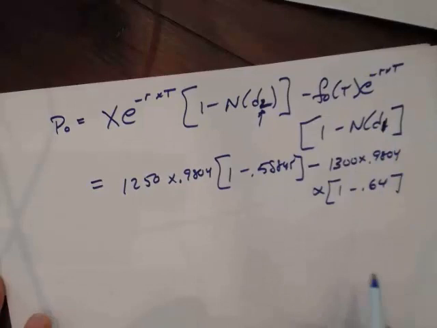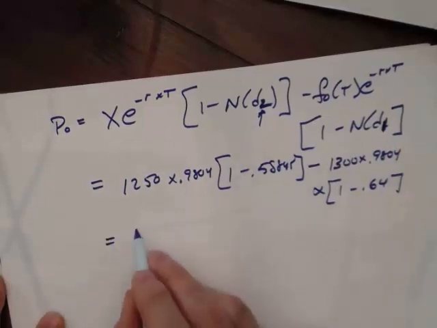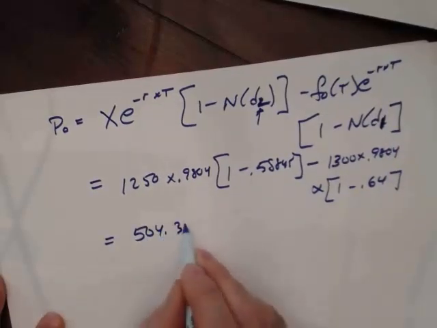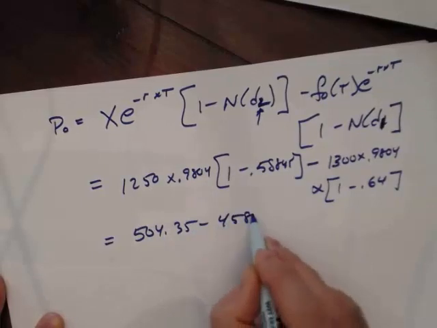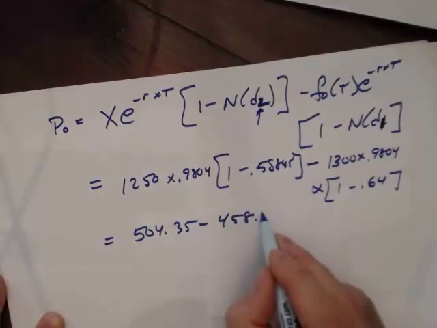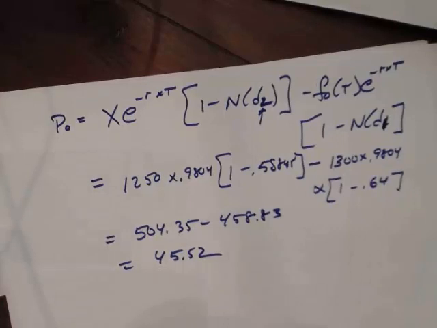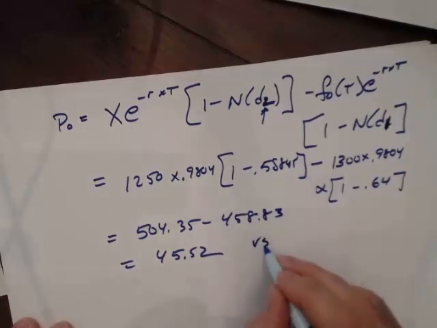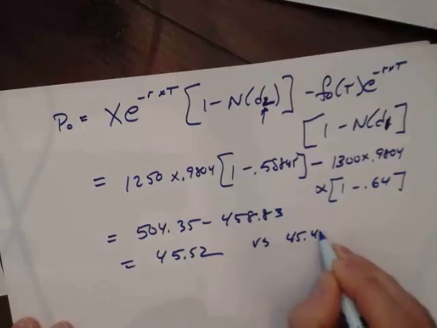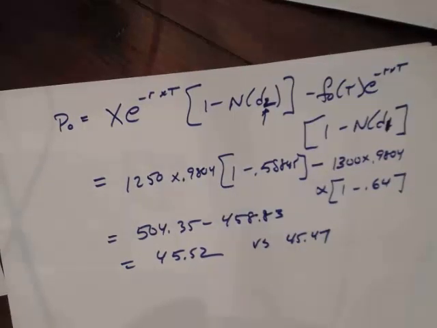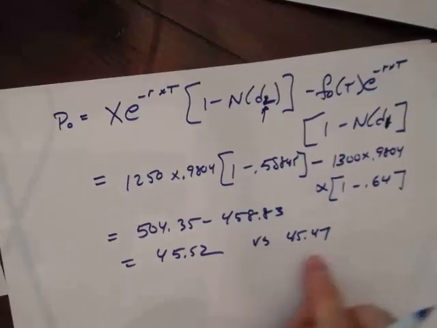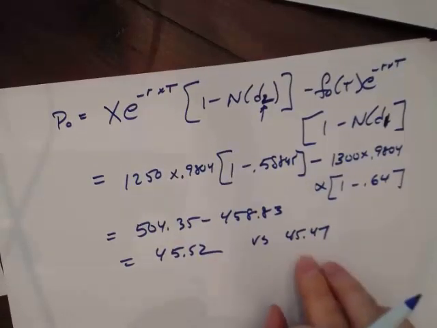That's easy to confuse. When we get done, we come up with 504.35 minus 458.83, and that's 45.52 according to my hand calculation. According to the software, I got 45.47. That's 5 cents due to all my rounding in these calculations, assuming the software is 100% correct, and I think it's pretty good.